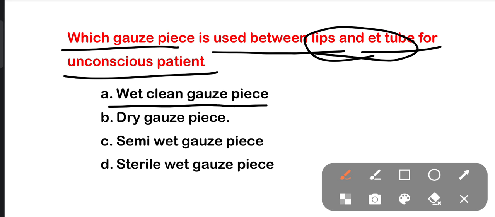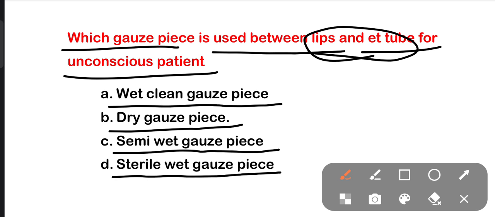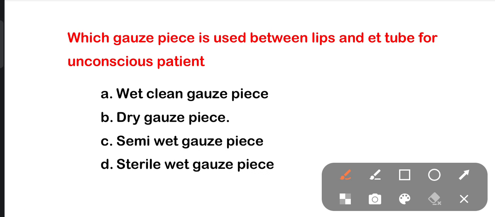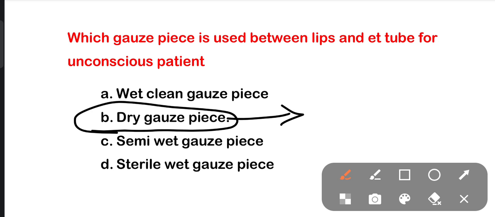Options are wet clean gauze piece, dry gauze piece, semi wet gauze piece, sterile wet gauze piece. The right choice is dry gauze piece. Why? Because the dry gauze piece will soak up the secretions which are coming from the nose and mouth.